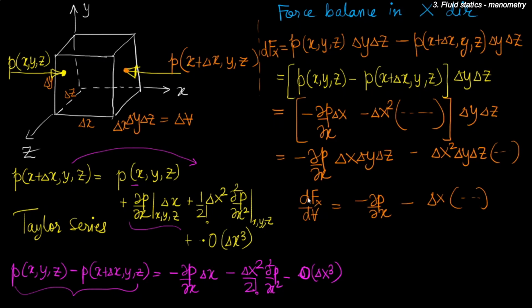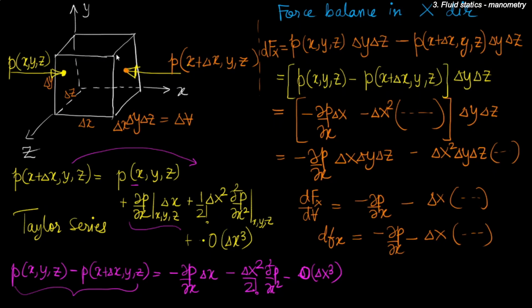Now capital dFx upon delta V is the force acting on this fluid element per unit volume of the fluid element, and we will call this force as small dfx. So the small fx will be representative of a force per unit volume, and this will be equal to minus del P del x minus delta x times the other terms.